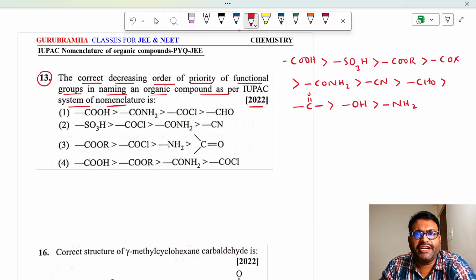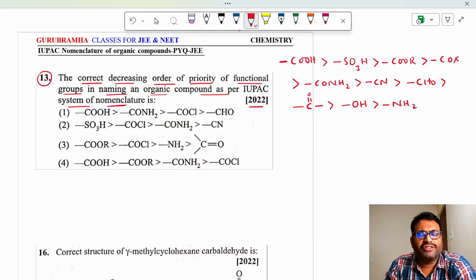What order did we write? Functional group priority order in decreasing order. The highest priority group is carboxylic acid, and the least priority group here is amine. Now from this order we have to select.